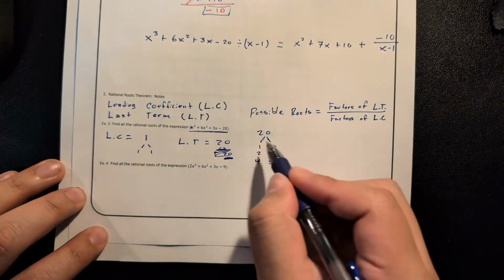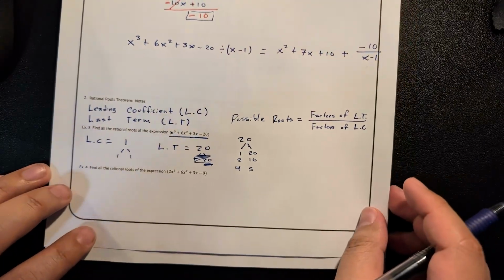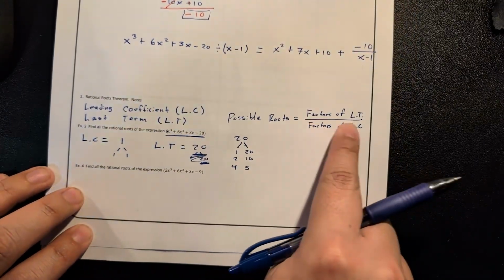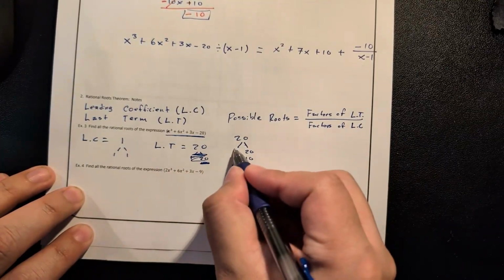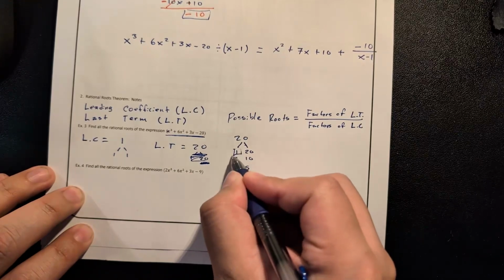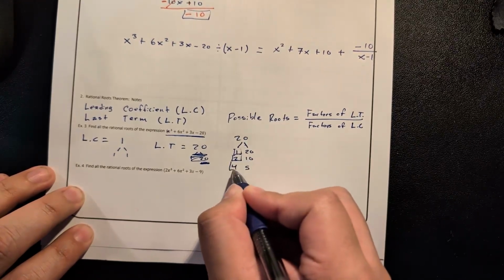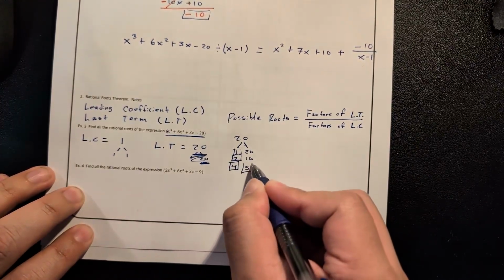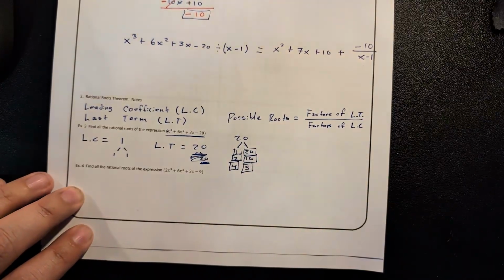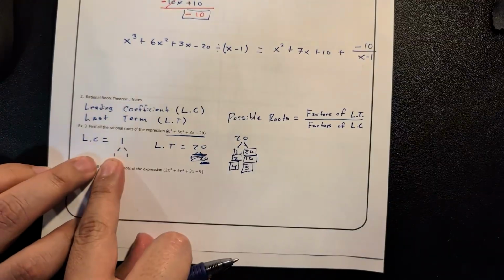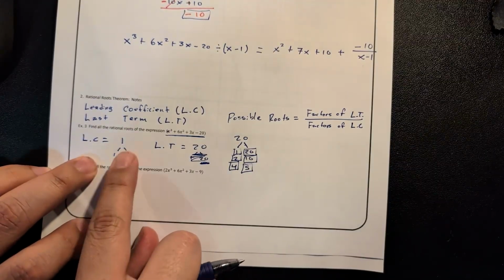So we have all of these. So we need a factor of LT. So we need one of these factors. So this is a factor, another factor, another factor, another factor, another factor, and another factor. And since here our LC is just 1 and 1, we just got to do 1.